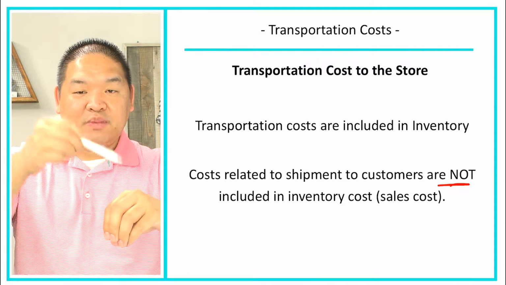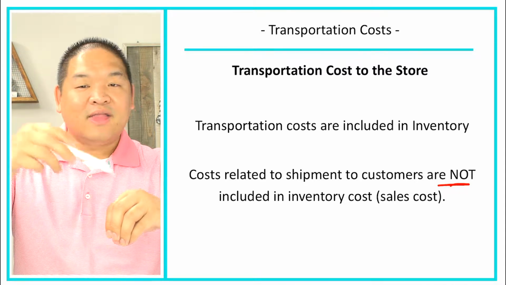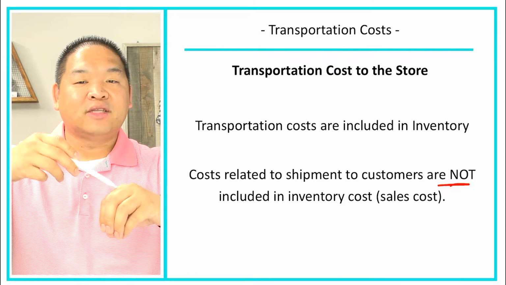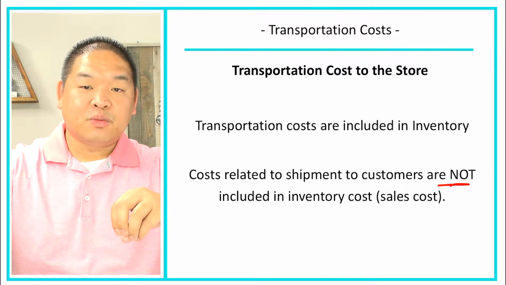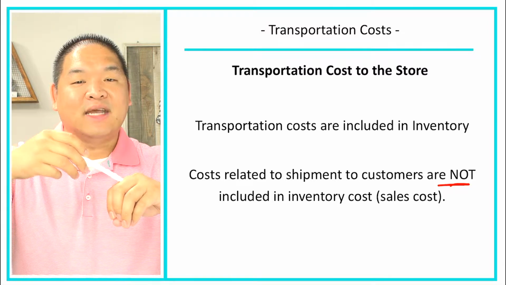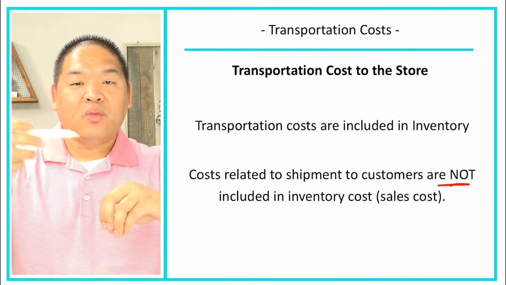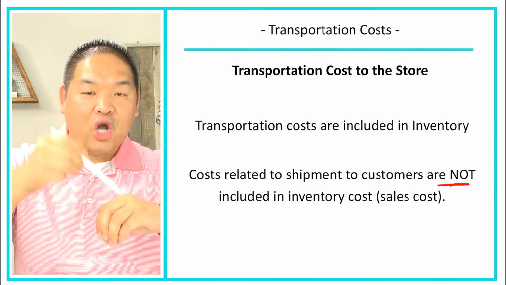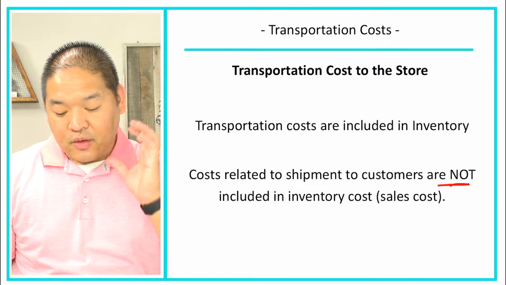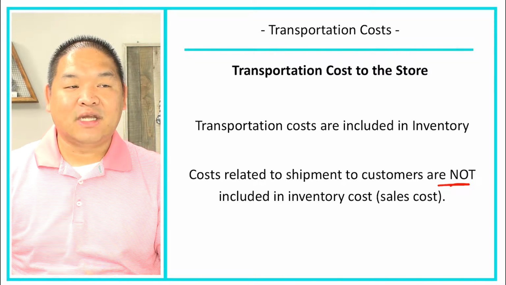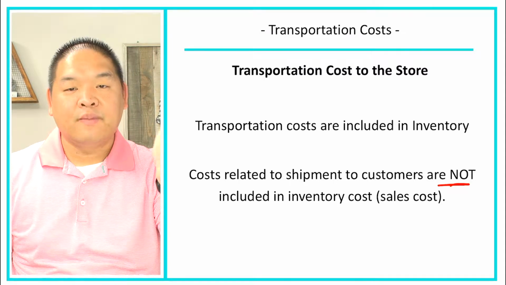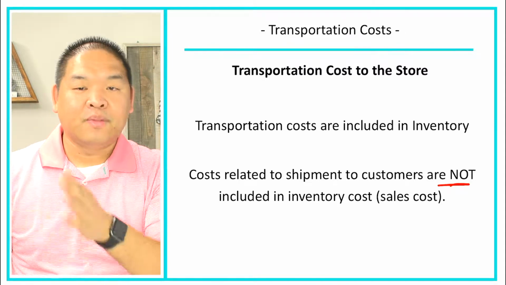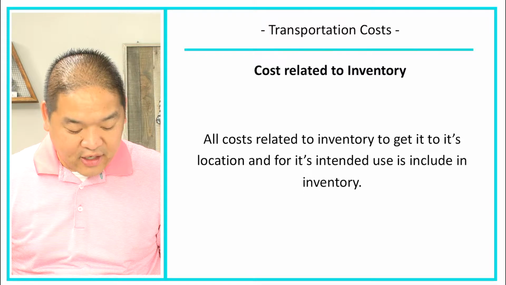Now, when Amazon ships it to their customers, that's not a cost of the inventory. That's just a cost of selling goods to their customers, and therefore we book it as a transportation expense rather than an inventory cost. So knowing that there is a difference here, everything up until they sell it goes into the cost of the inventory, and then anything after would be cost of sale.